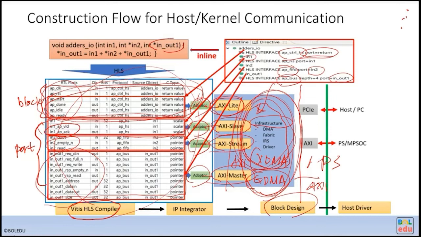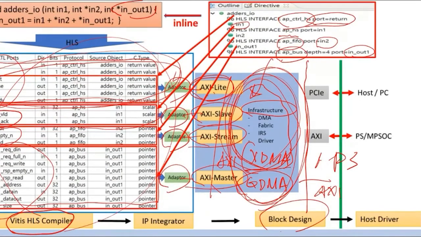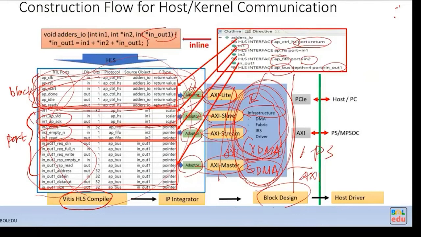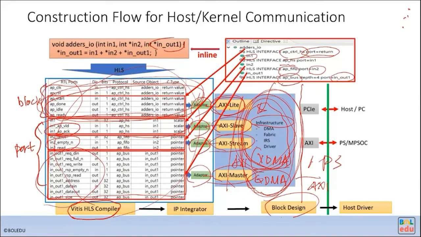And then you use a block design to hook on some infrastructure components like DMA or fabric interconnect. And then it goes on to the PS side interface. You understand?